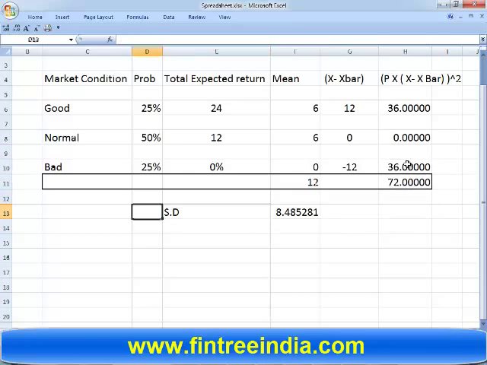Yes. I guess what he pointed out, what we did originally, we calculated x minus x bar, and at this stage we multiplied with probability, and then we took square of the whole number.